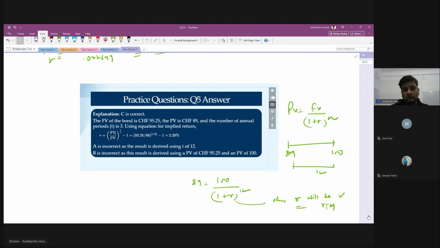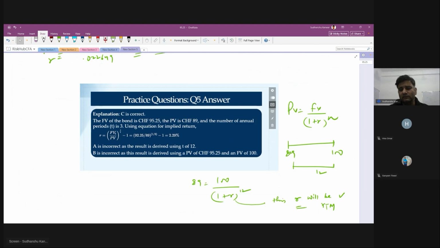Okay, fine. So now this is done. Sir, just a doubt over here. In usual circumstances, we don't get the exact answer, so do we have to take the nearest round off? Yeah. I don't know why we didn't get the exact answer here, but this much deviation is okay. 2.26 and 2.29, that much is okay.